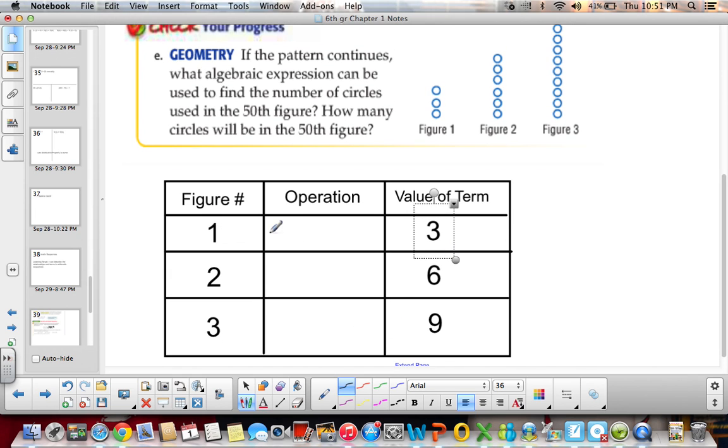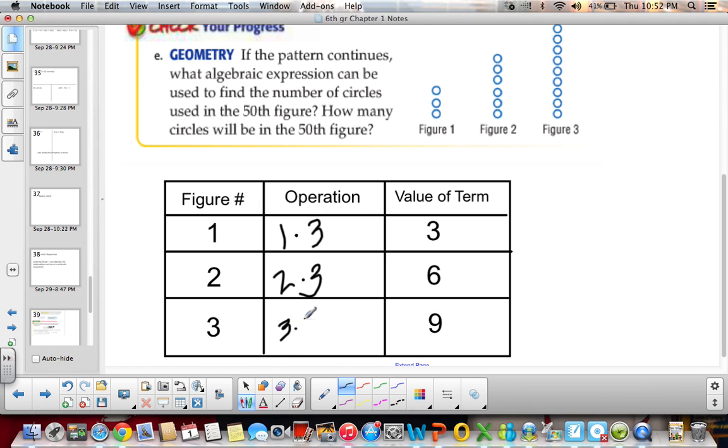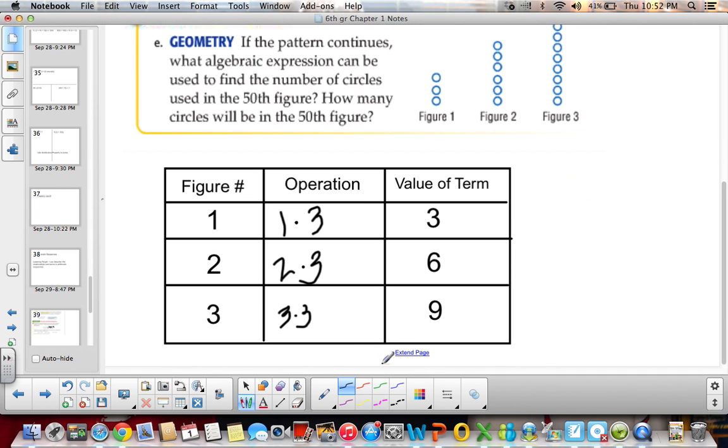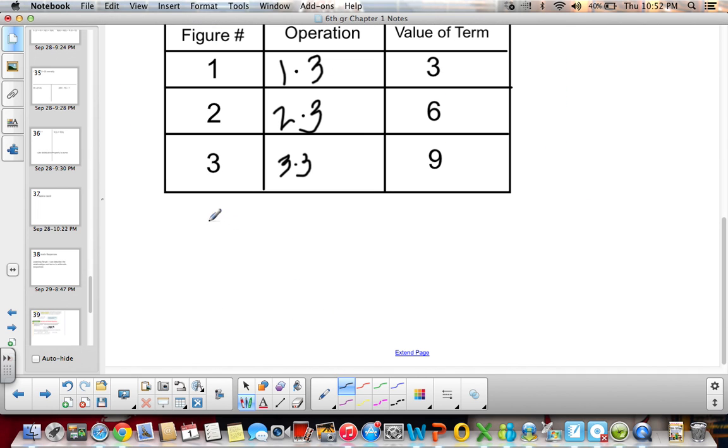So we know that we can take 1, which is our figure number, multiply it by 3, and we get 3. Let's see if it keeps working. Our figure number times 3, and we get 6. Figure number times 3, and we get 9. Figure number x times 3, so we get 3x.